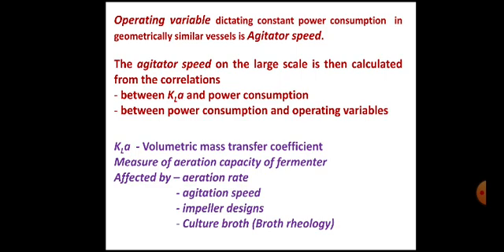Transfer of mass means transfer of nutrients, transfer of oxygen inside the producer organism's cell. It is called the volumetric mass transfer coefficient. So obviously it is affected by these different parameters which are related to aeration and agitation.